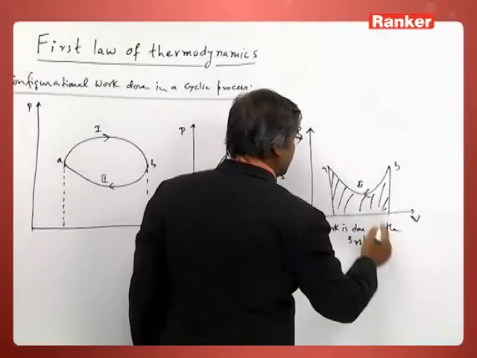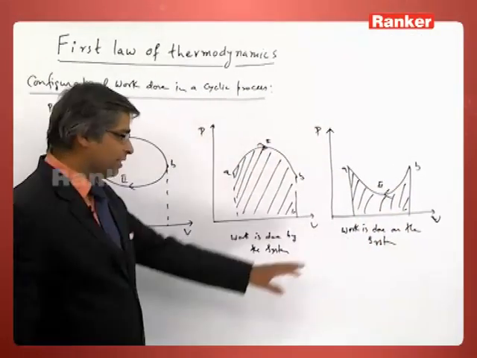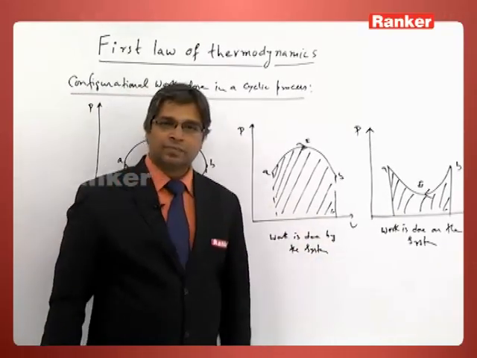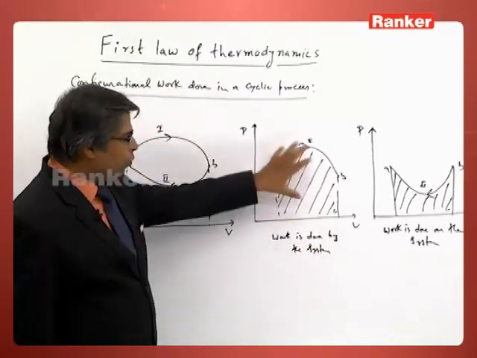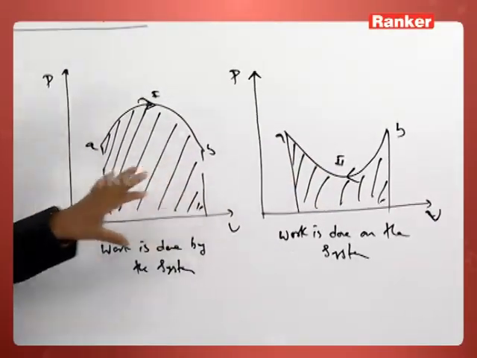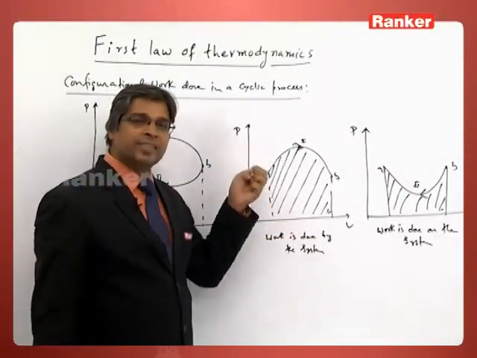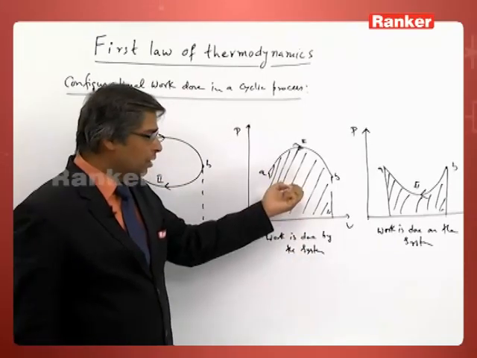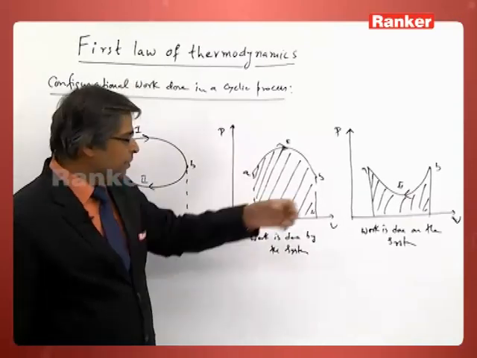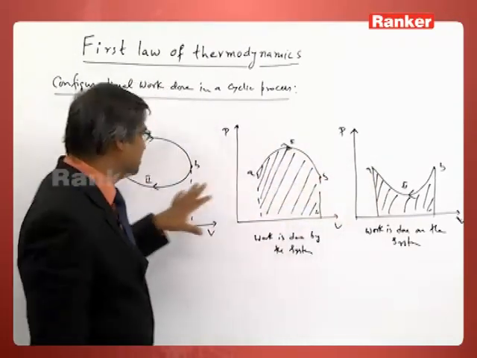The area under the curve is the work done on the system. Here the area under the curve is work done by the system. Who is doing more work, this area or this area? This area obviously. So work done by the system is more, suppose 100 joule, and here it is 60 joule. So net work done is 40, and the net difference in area is this.